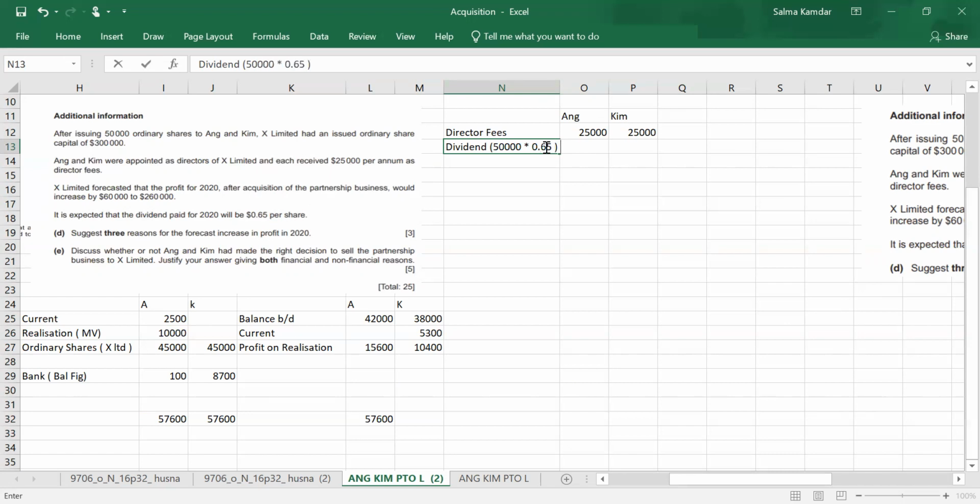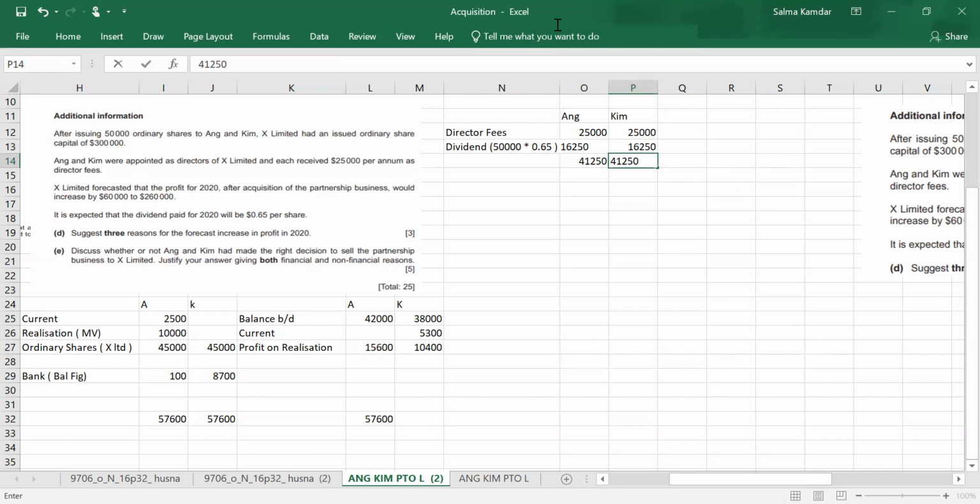They are going to receive dividend of 32,500 combined together. 50,000 shares are divided between the two. So they're going to receive dividend of 16,250 each. So they're going to receive totally, even after leaving the partnership, 41,250 each.